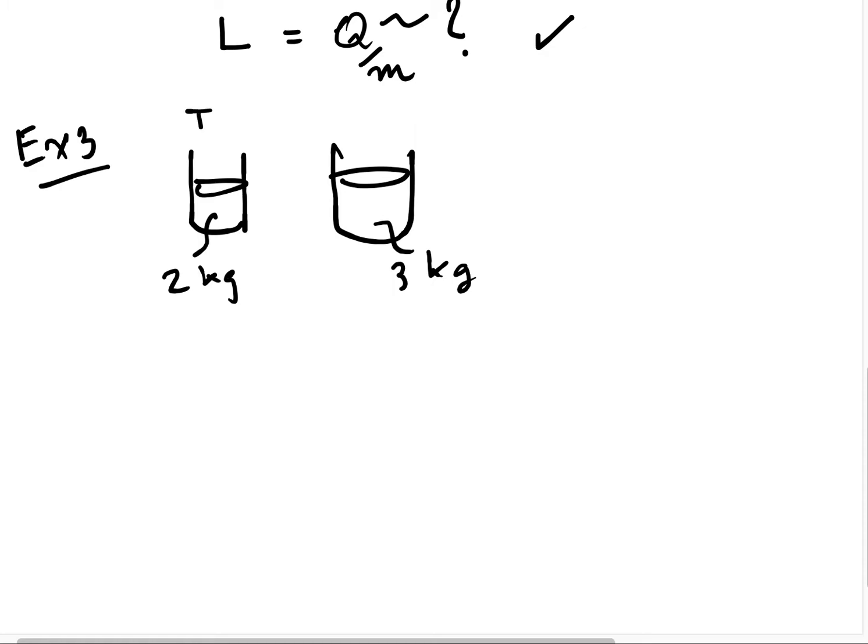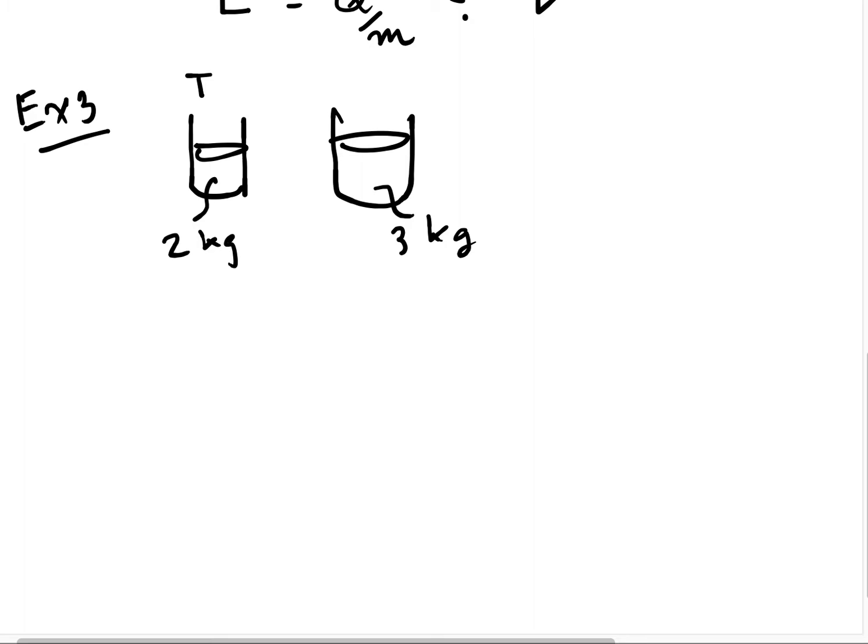Here I will call this T1. I will call this T2, and also I will call this mass M1, and I will call this mass M2. And what about the specific heat C? We all have this C for the liquid water. The same thing here, C for the liquid water.